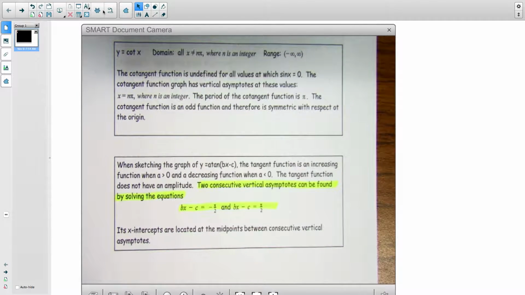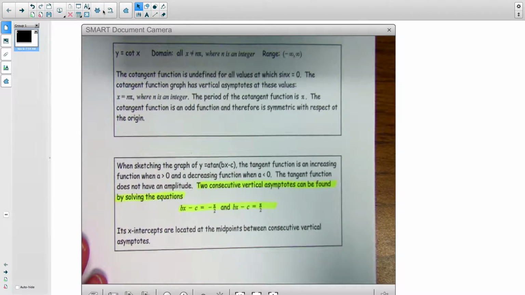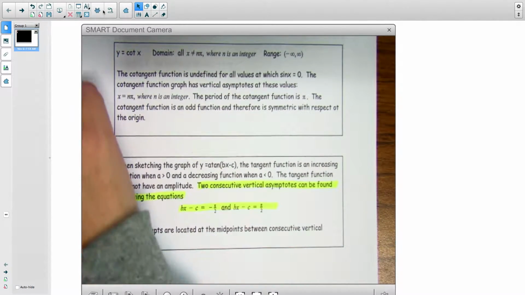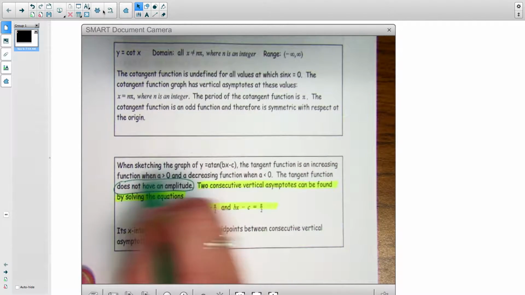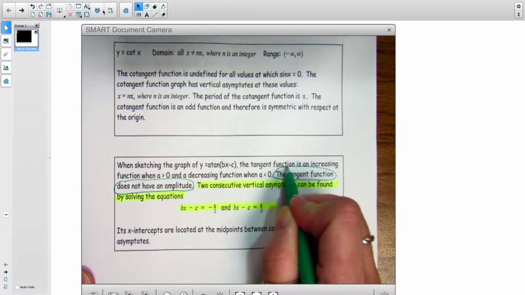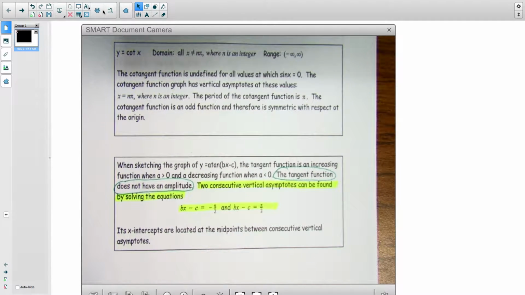The other really important part, and where did I see this? Right here. The tangent function does not have an amplitude, even though sine and cosine do. Do cosecant and secant have amplitude?